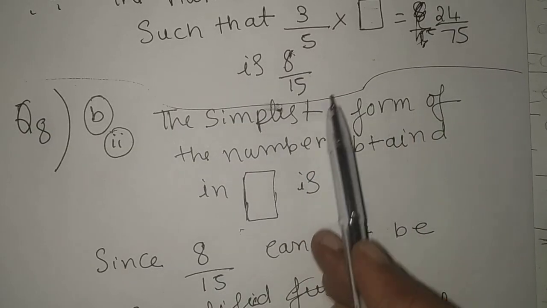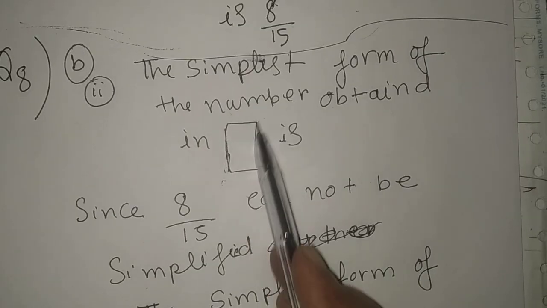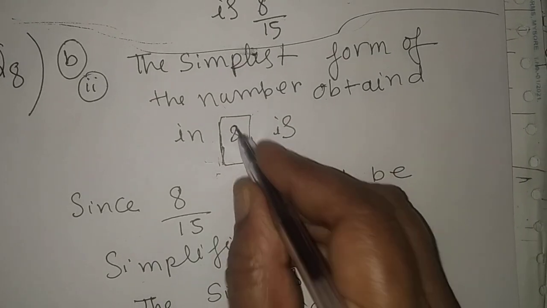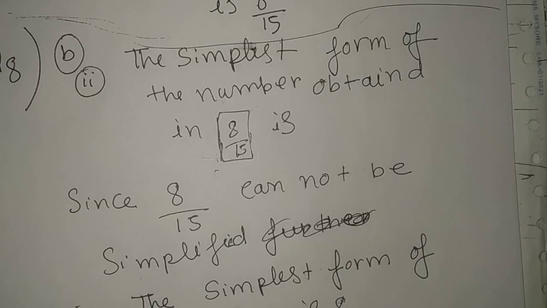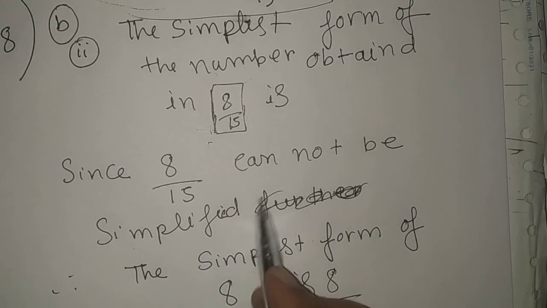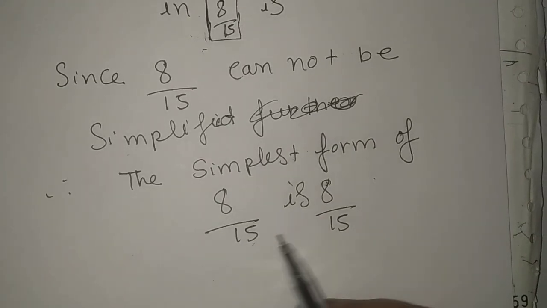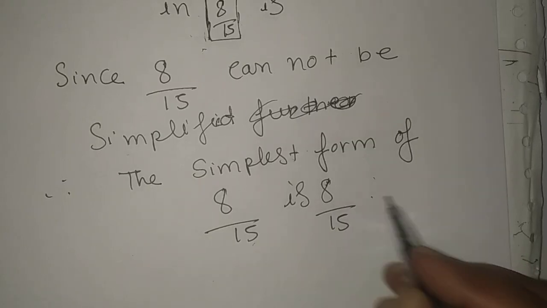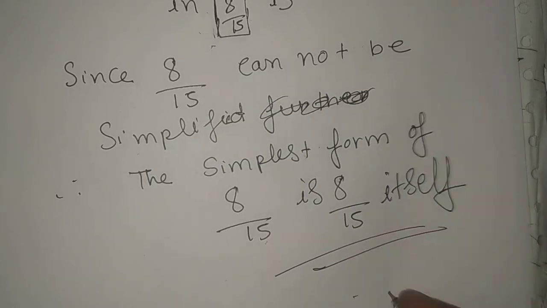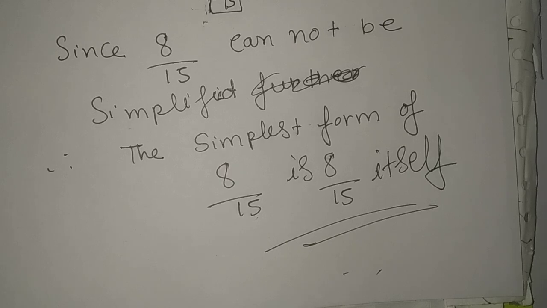Again, further simplifying, the simplest form of the answer obtained, 8/15, since 8/15 cannot be further simplified, is 8/15 itself. So this is the solution for question 8B, second one. We solved questions 7 and 8 in this class.